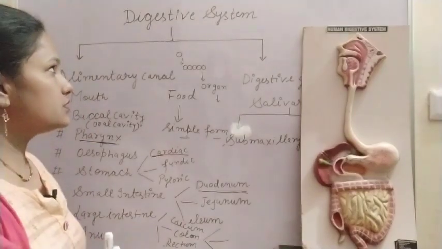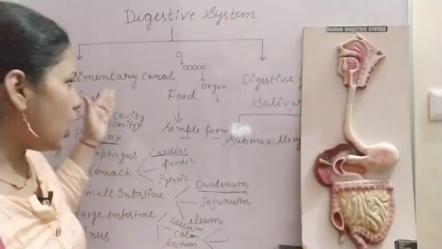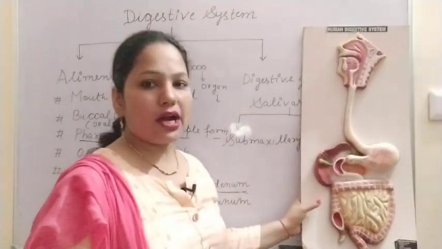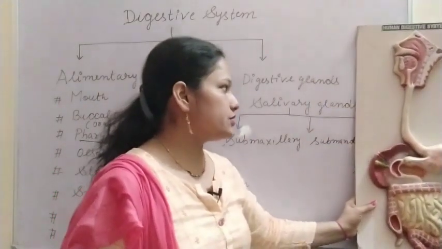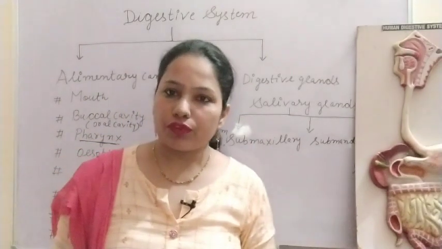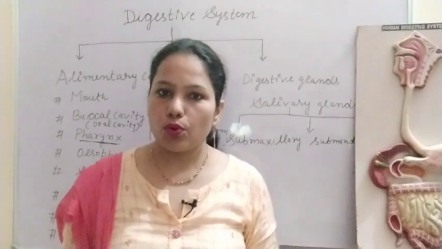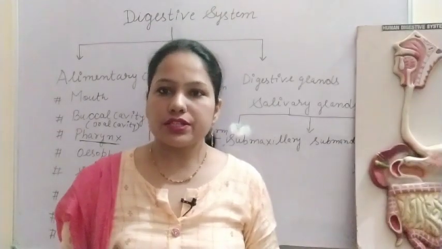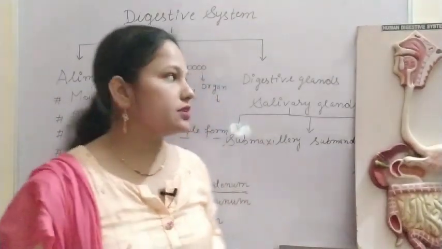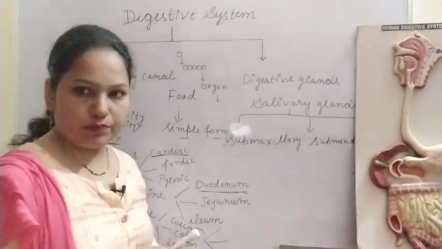So I think it is clear to you all, the digestive system, first part, that is the alimentary canal. Next part, that are known as the digestive glands. So what is the meaning of glands? Gland is a cell, tissue, or an organ which secretes some substances, and these substances may be hormones, may be enzymes.